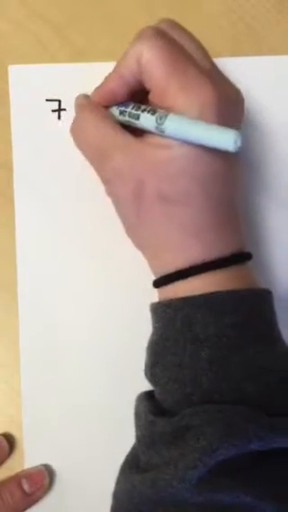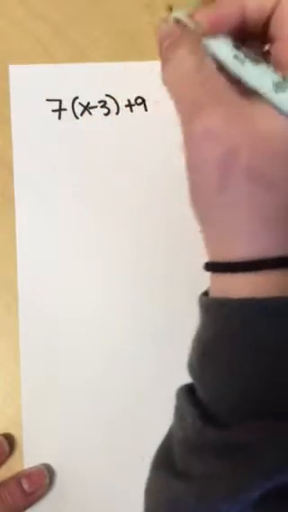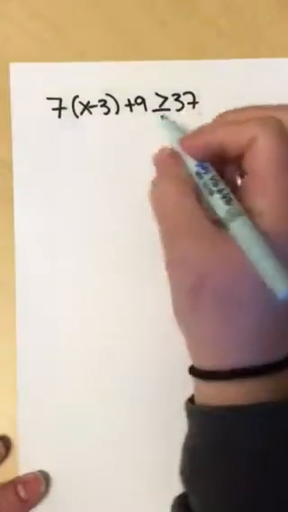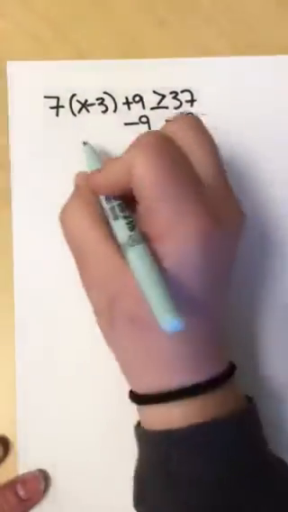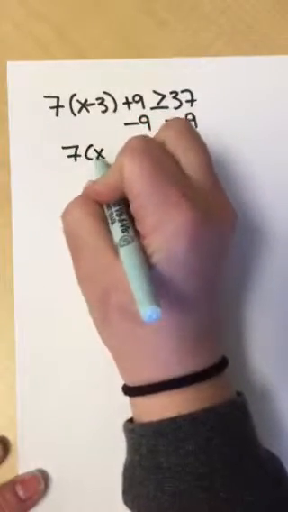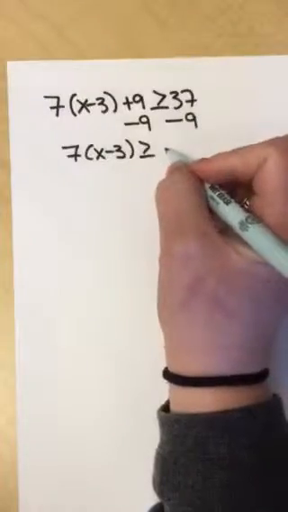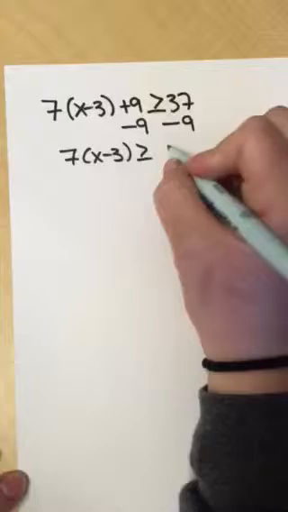So example 1 says that I have 7 parentheses x minus 3 plus 9 is greater than or equal to 37. To solve, I'm going to subtract 9 from both sides. So now I have 7(x minus 3) is greater than or equal to 28.